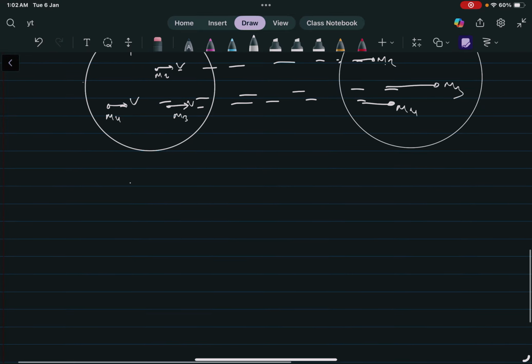So we can say a1 is equal to a2 is equal to a3 and so on up to an, that is equal to the vector a.